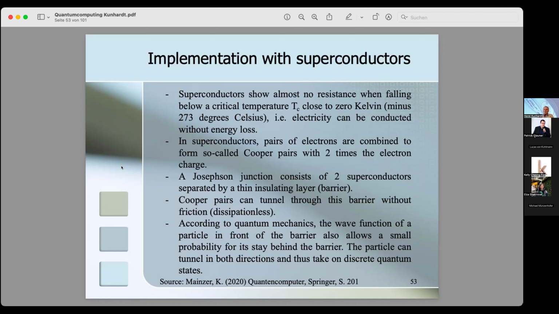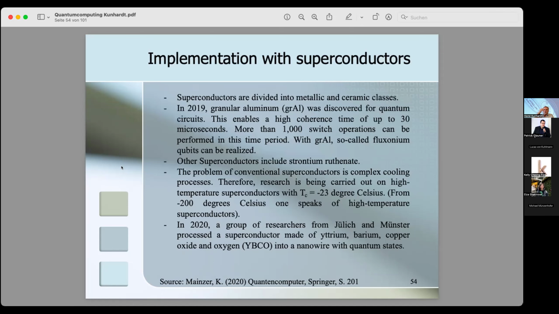And that makes it easier to measure behind that barrier, so we can do calculations and measurements more easily in a system with semiconductors or superconductors. So we can divide the systems into metallic or ceramic classes of conductors. Other superconductors use strontium ruthenate minerals, and today systems are working with temperatures of minus 23 degrees.